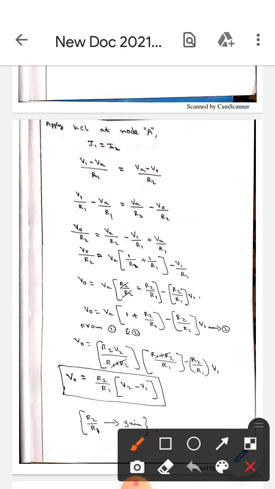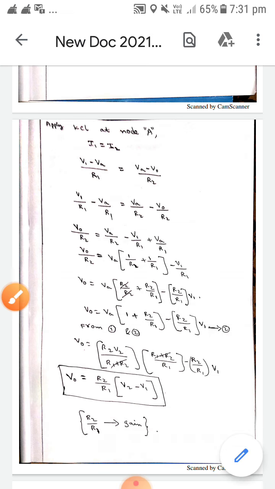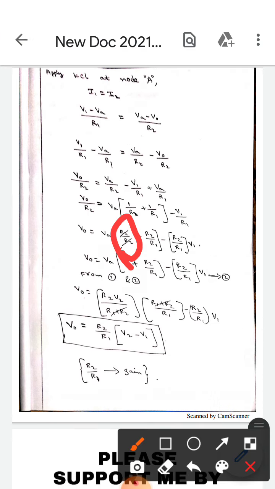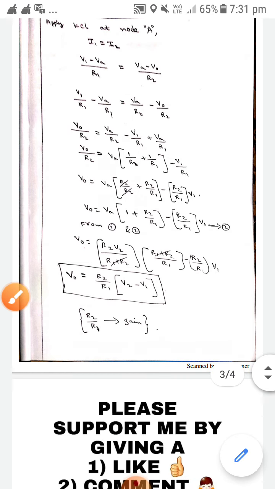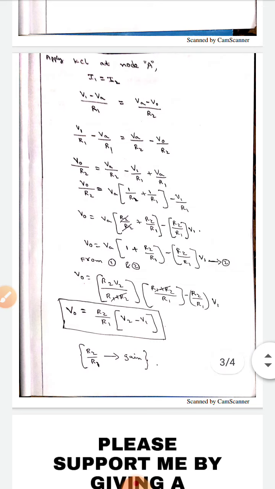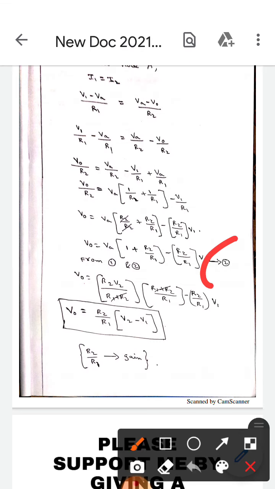Taking VA common, V0 by R2 is equal to VA into 1 by R2 plus 1 by R1, minus V1 by R1. Here R2 will be cancelled. Then V0 is equal to VA into 1 plus R2 by R1, minus R2 by R1 into V1. Let's take this as equation 2.